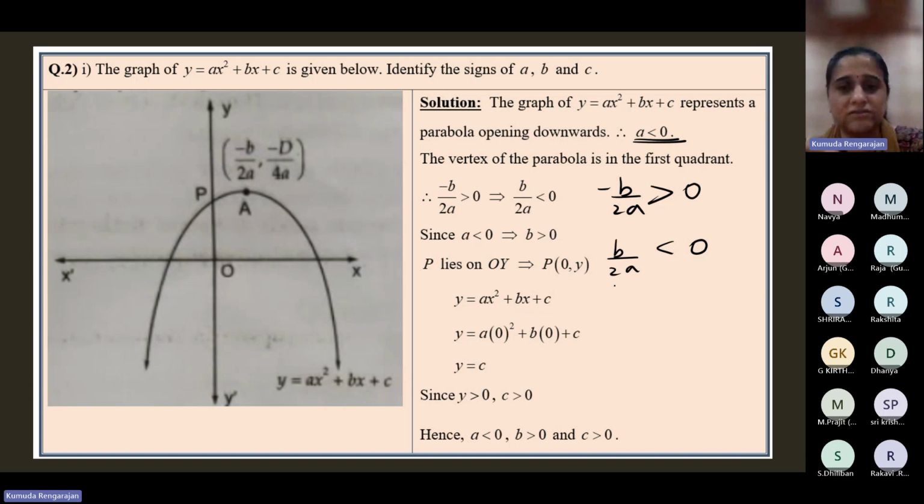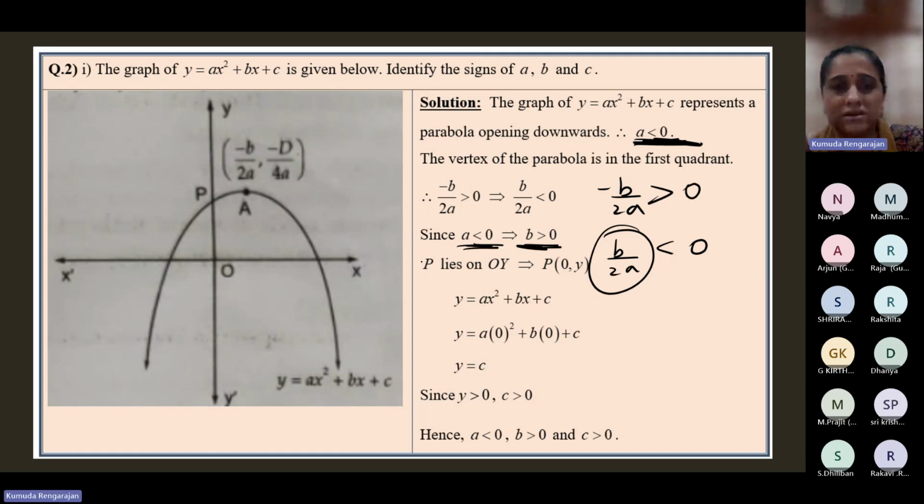Now this can be negative only if B and A carry opposite signs. A is negative, so B has to be positive, because of opposite signs. Only then can the whole thing be negative. So since A is negative, B has to be positive. Writing that in words is the same as this inequality, and you should use inequalities.